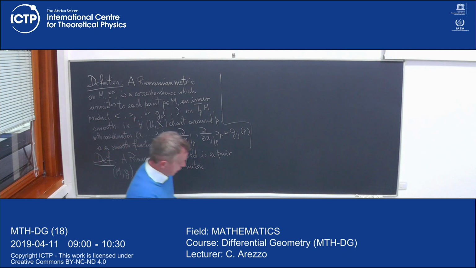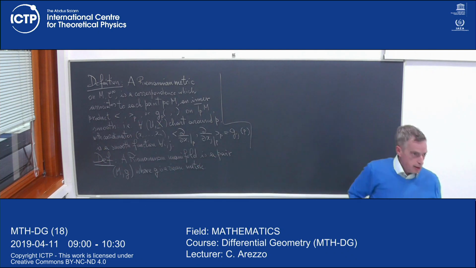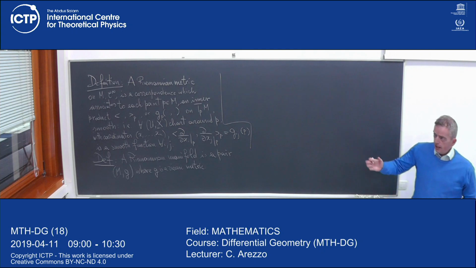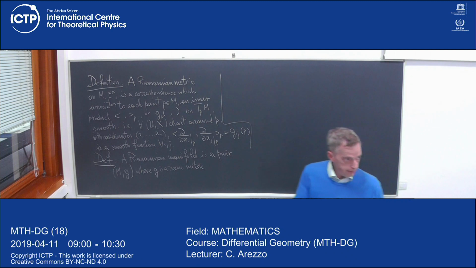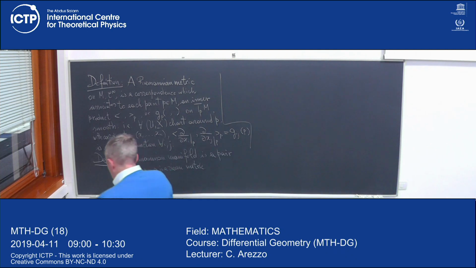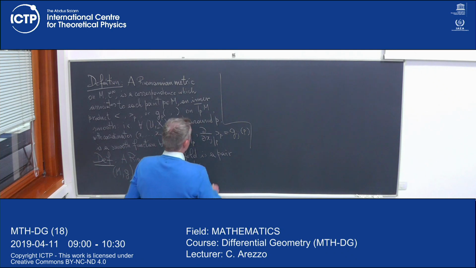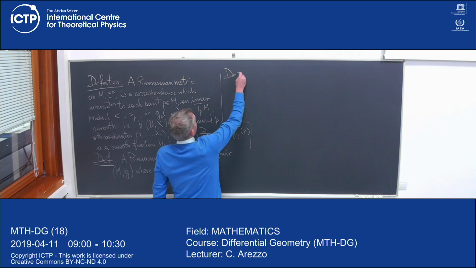Okay. So now among pairs (M, g), how do we identify? When do we consider them the same? I mean, the notion, of course, is the notion of isometry.